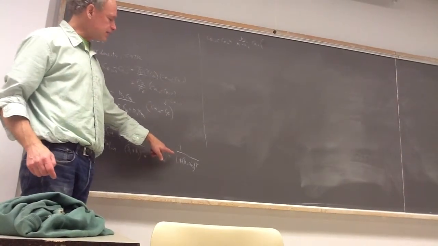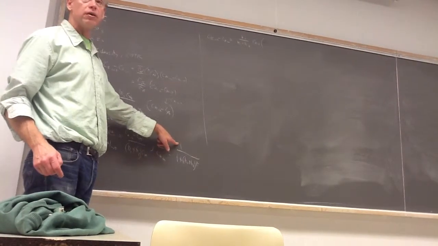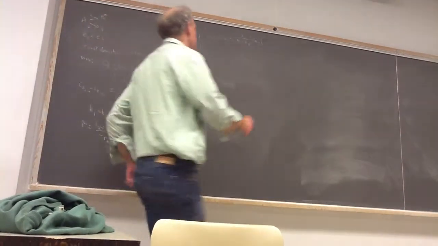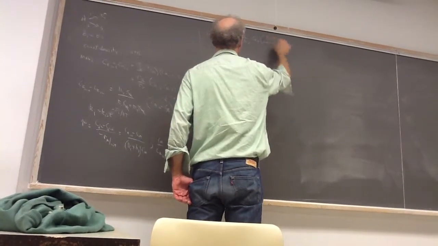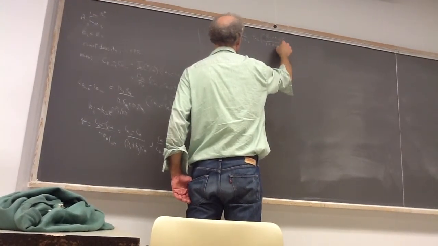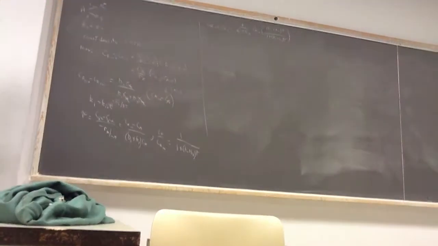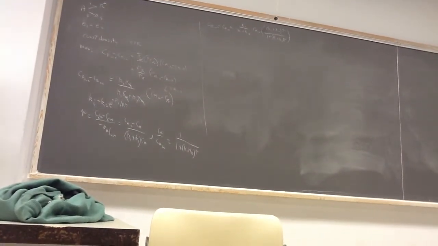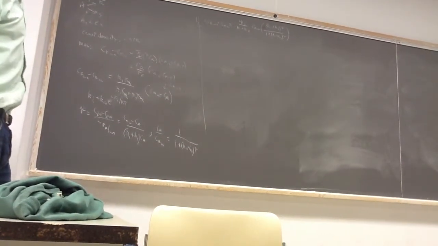And 1 minus this is just 1 plus K1 plus K2 tau minus 1 over this, so it's K1 plus K2 tau over 1 plus K1 plus K2 tau. Okay, so this is what I need to maximize.